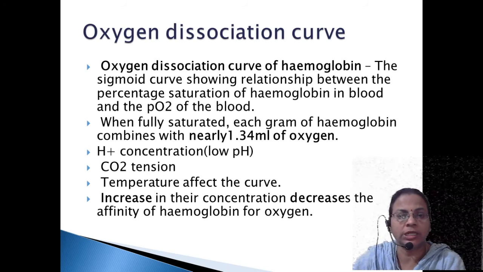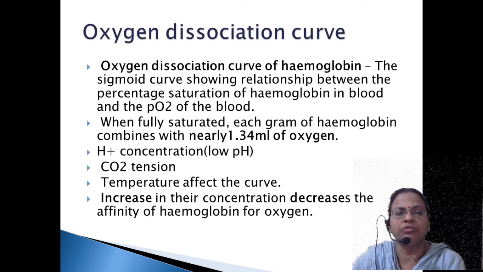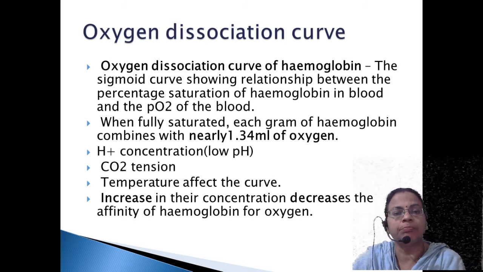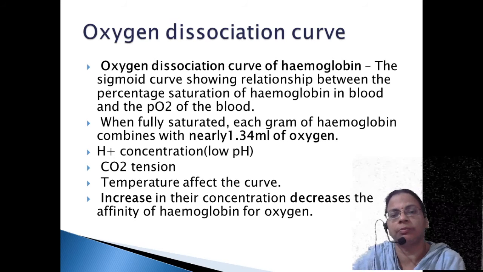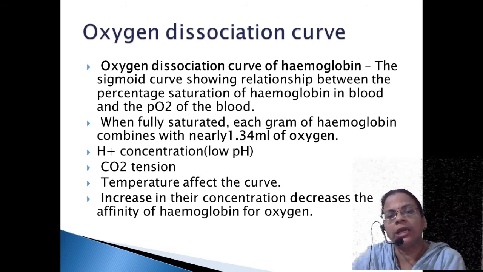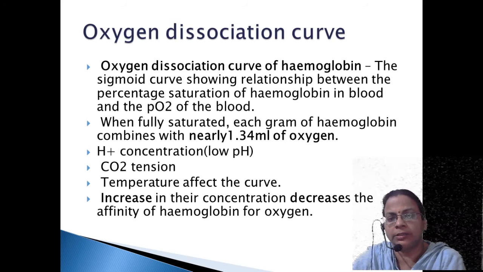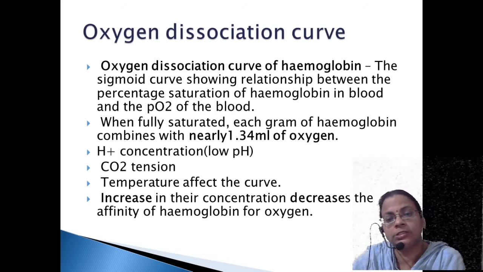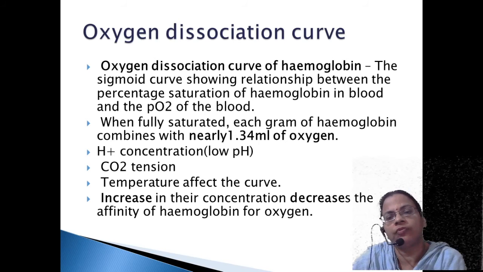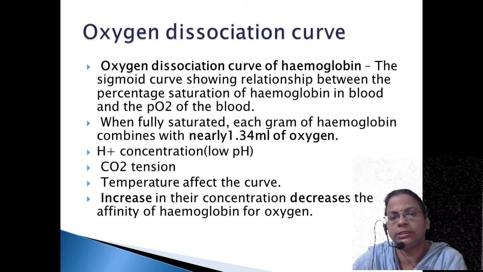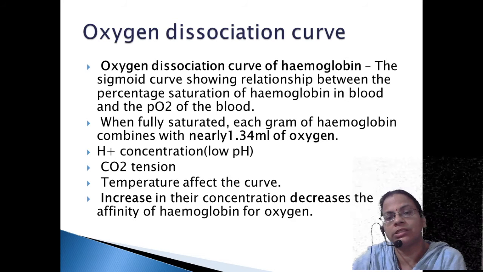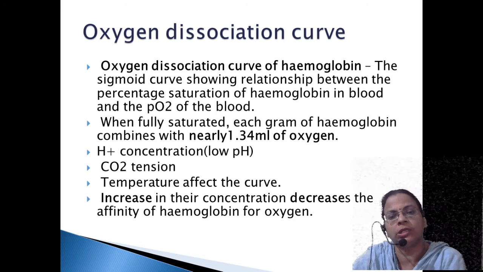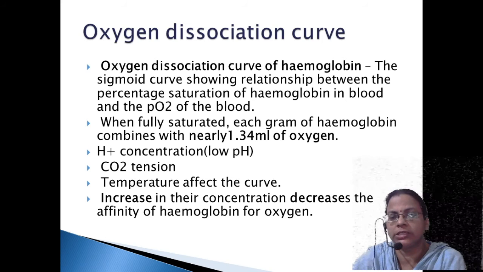When fully saturated, each gram of hemoglobin can combine with nearly 1 ml of oxygen. Approximately 12 to 16 grams of hemoglobin per 100 ml of blood can be present in a healthy person. That is the normal range of hemoglobin in a healthy person. If that amount is less than that, we call it anemia.